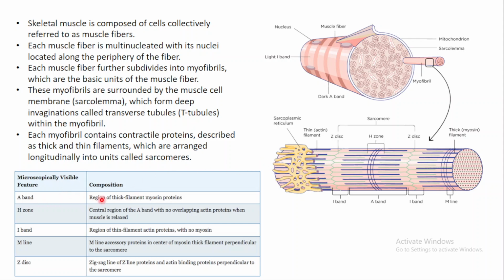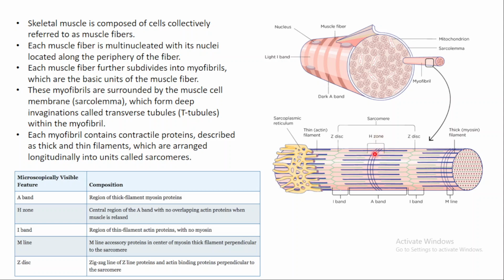The A band is a region of thick filament myosin proteins. This is the A band, and these are thick filament myosin proteins. The H zone is a central region of the A band with no overlapping actin proteins when the muscle is relaxed. The blue lines are the myosin protein and the green lines are the actin protein. The H zone is a zone in which there is only myosin.